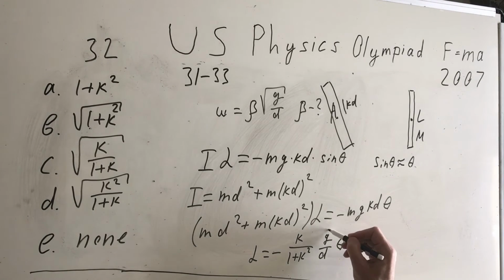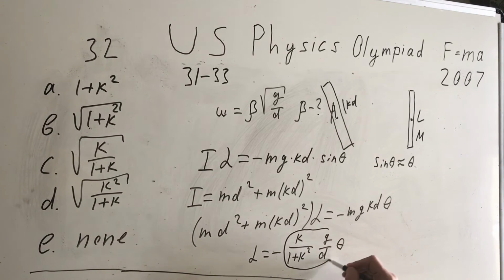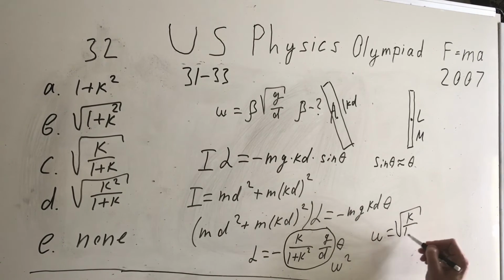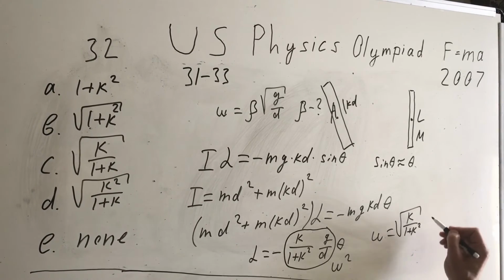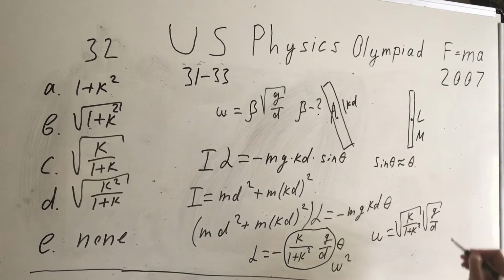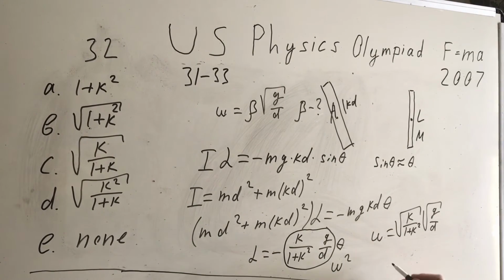In that case, this coefficient is exactly equal to omega square, and we can write omega equal to root of k over 1 plus k square, times root g over d. And finally this is our coefficient beta, which is none of them. The correct answer is E.